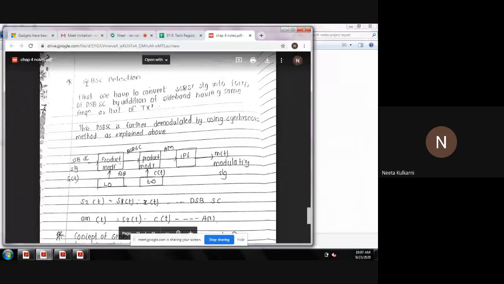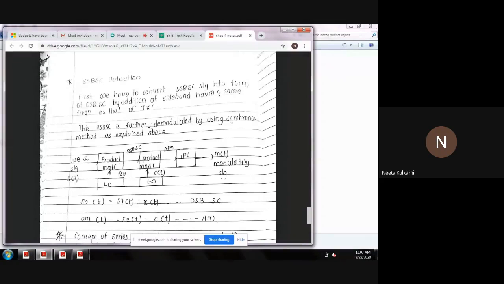Now the next method we have to see is SSB-SC detection. SSB-SC detection नंतर कुठला असणार आहे दुसरा detection method, that is SSB-SC detection. मग मी आता तुम्हाला सांगितलं पहिल्या डिस्क्रिप्शन मध्ये SSB-SC च्या डिटेक्शन मध्ये कुठल्या स्टेप्स असतील. What will be the steps in the SSB-SC detection?